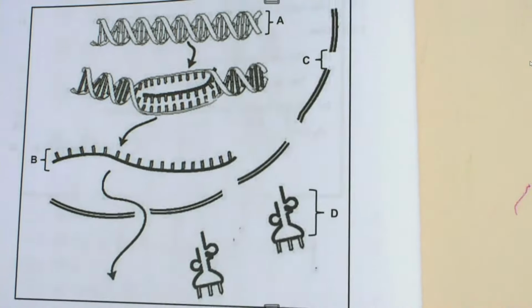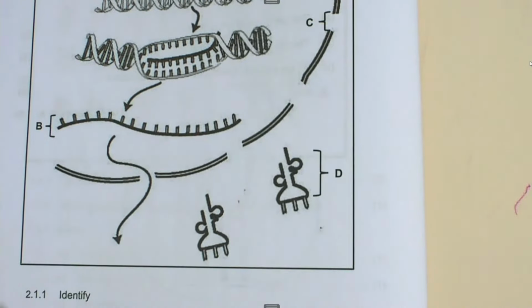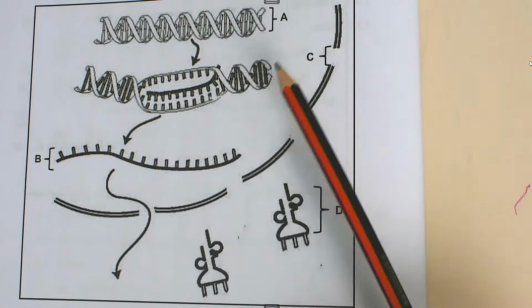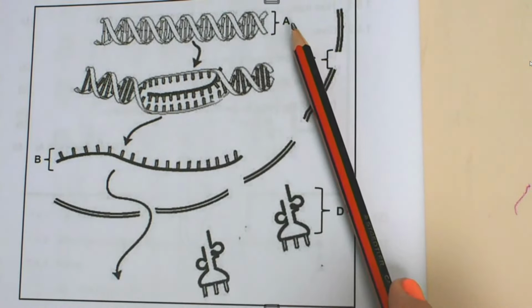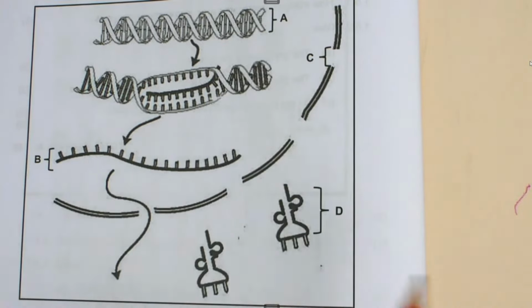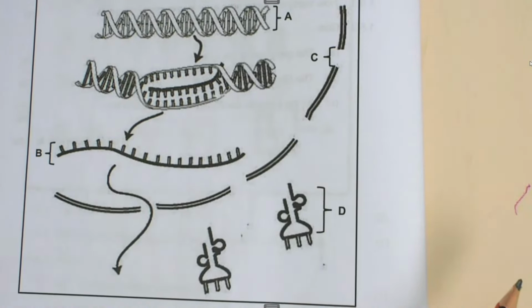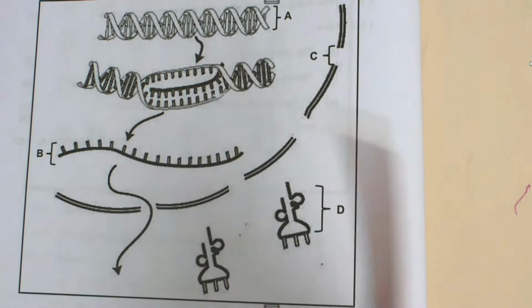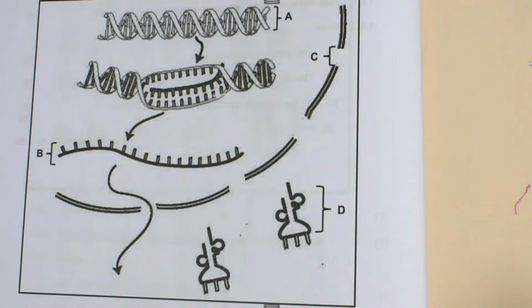D is tRNA. Molecule D is tRNA. Then name the molecule A. It's a double helix, so it's DNA. And molecule B is mRNA. It's always important that learners must be able to identify this, and they can allocate the labels on this diagram.